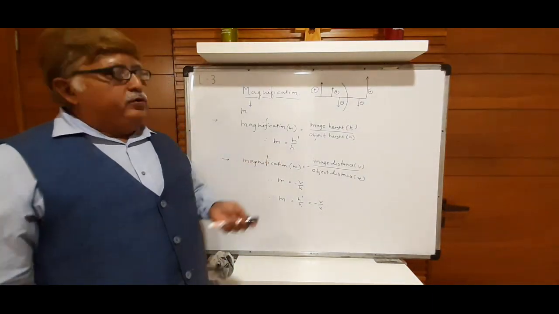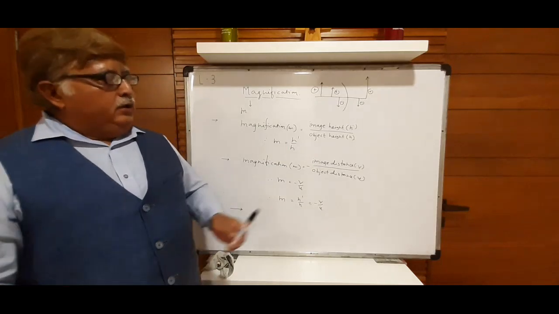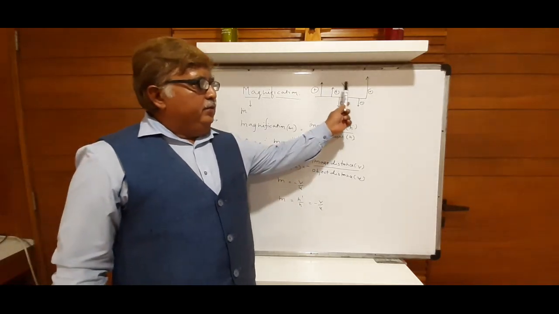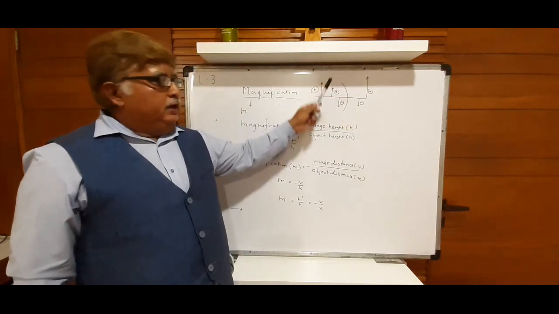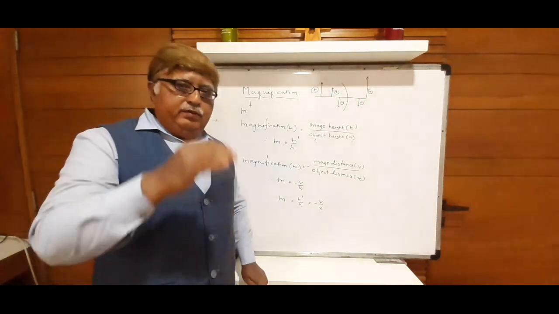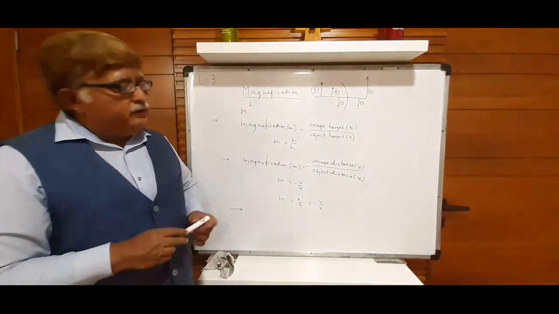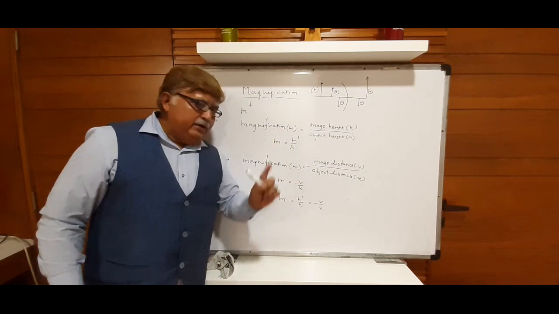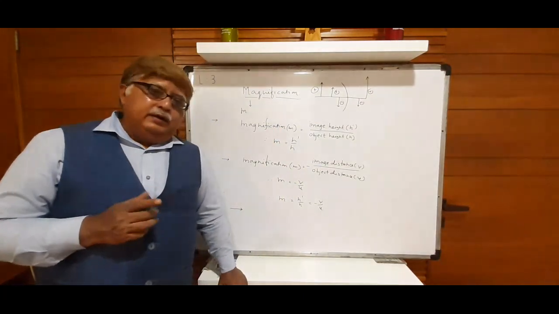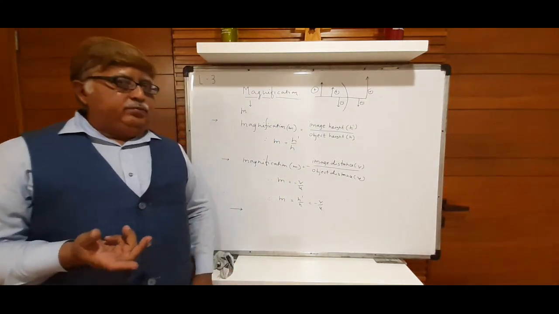When it is positive, the image is virtual, above the principal axis, and when it is negative, it is below the principal axis.